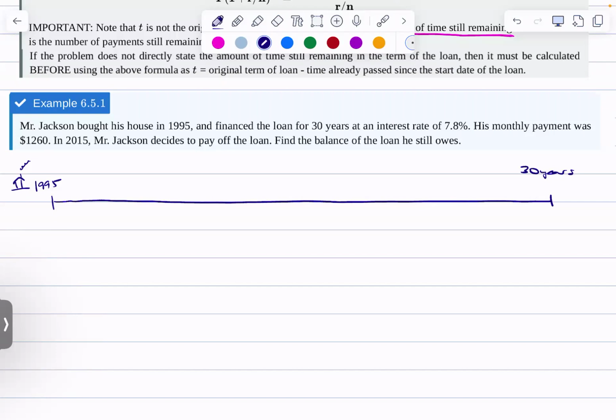He was making monthly payments. And so for 30 years, that makes 360 months. Now, because I read the question, I know that in 2015, right? So 1995, let's do 1995 plus 30 years. Hey, that's now 2025.